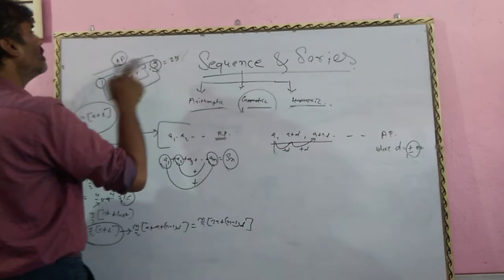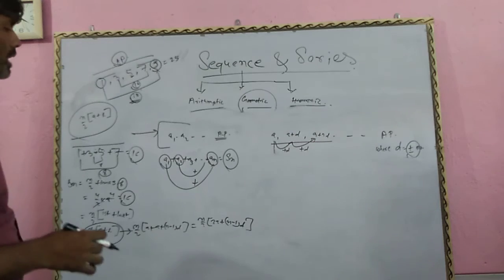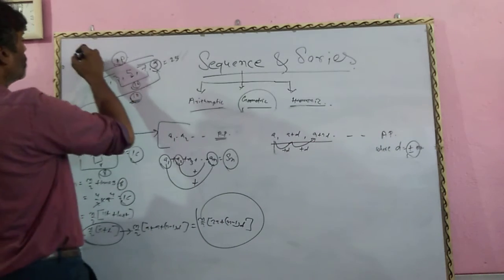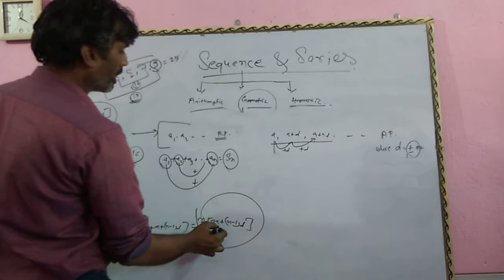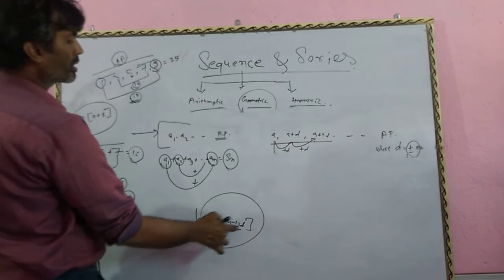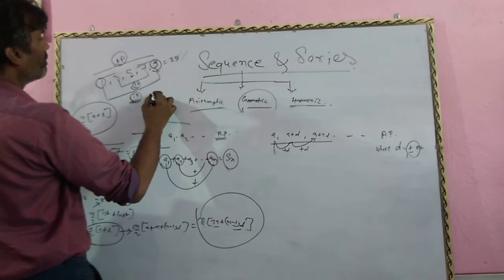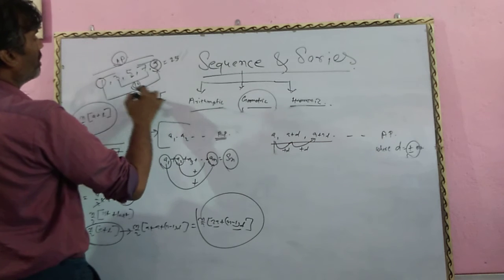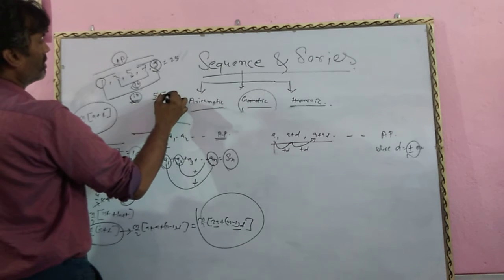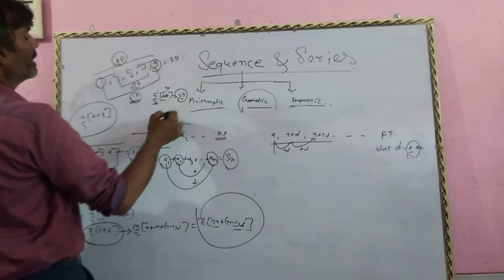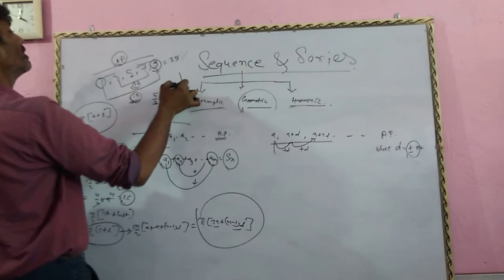And if you put these values in this formula, n upon 2 times first term plus last term, and what is n here? 5 upon 2 times first term plus last term, 10, so 25. It automatically comes out to be 25.